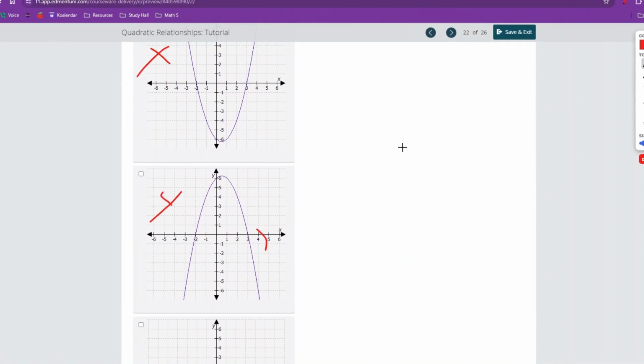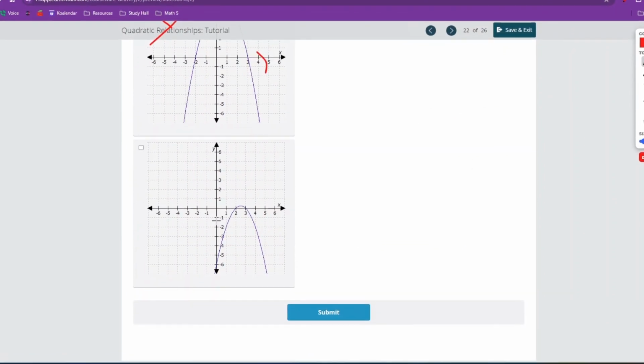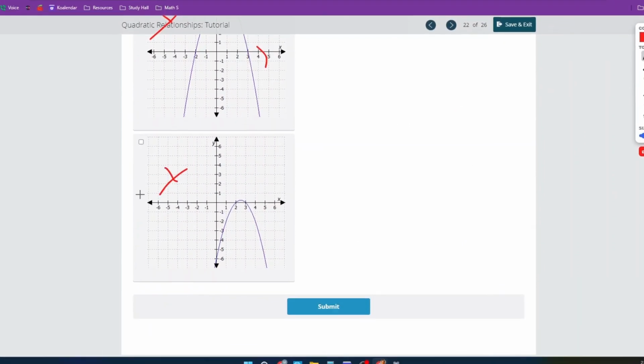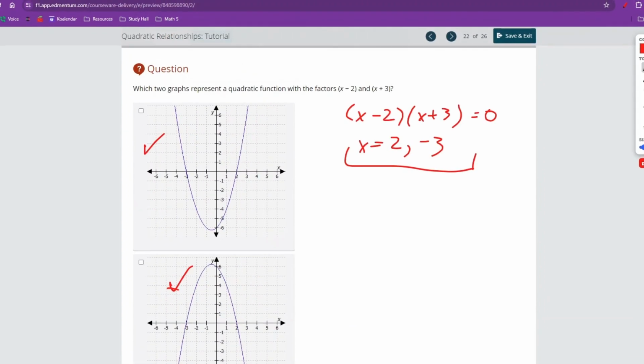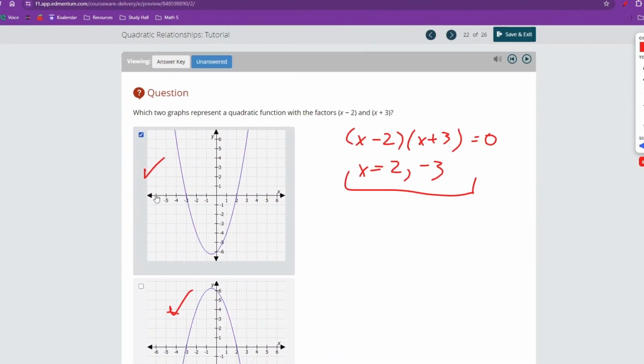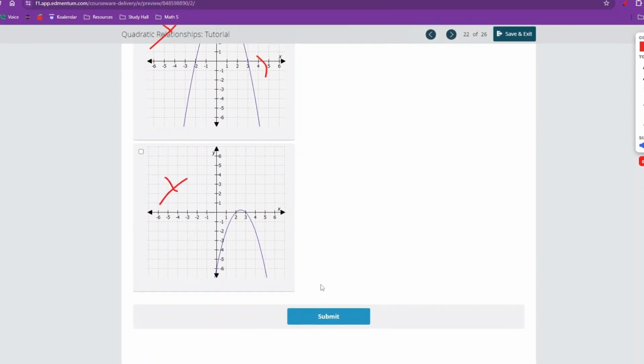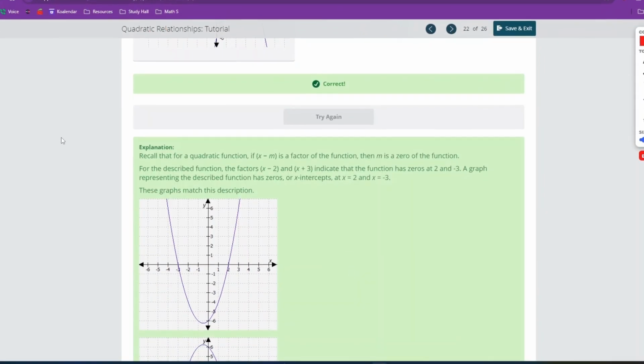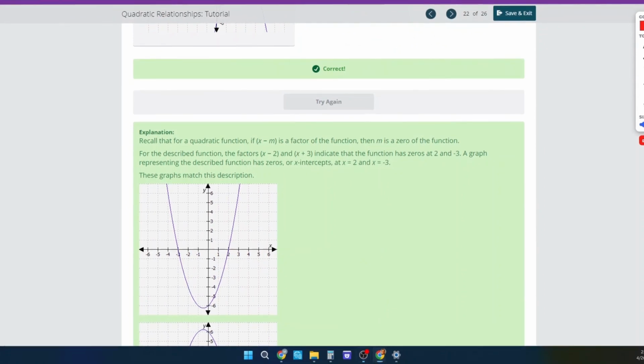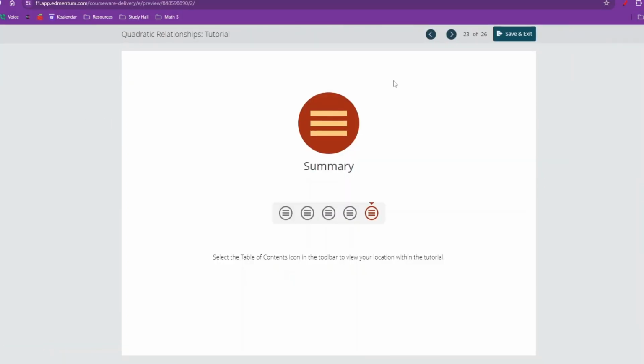So once again, no. And this one is just straight up no. So our only two options should be our first two graphs. Let's see if that is correct. I can actually click the button, and we seem to be correct.